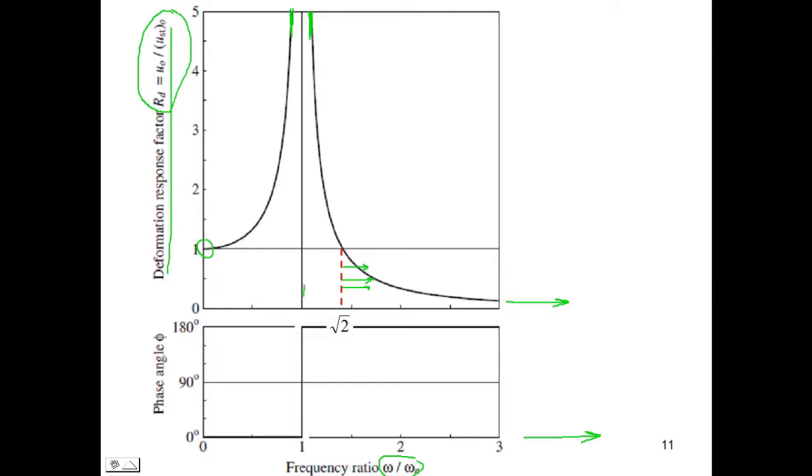If omega equals omega n, the system is at resonance.